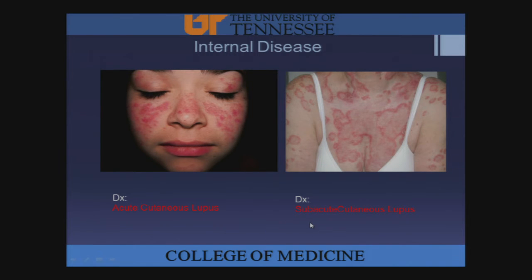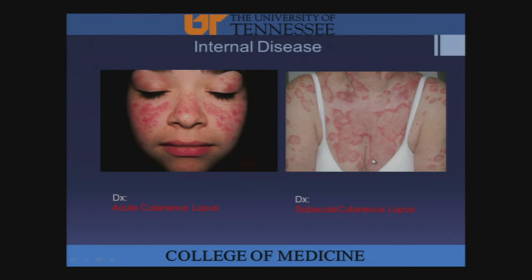So lupus is interesting, and obviously, Dr. Tudor, when we delve into rheumatology, we're going to talk about it, but you still have to recognize the various skin conditions. And this is legitimately a question that came up. They present you with a picture that describes lupus and the duration, and you have to figure out what type. So you do need to know the different types of lupus, and it helps if you associate them with the skin findings.